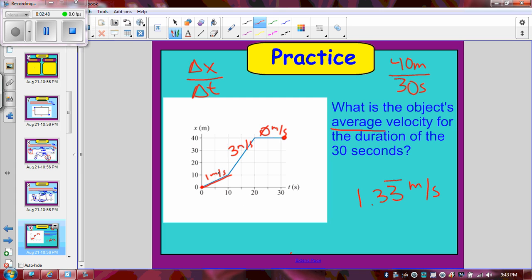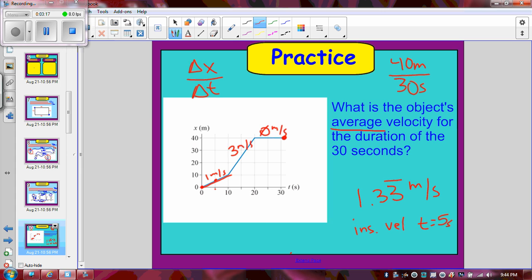Now, these individual velocities right here are what is known as the instantaneous velocity. The instantaneous velocity, and we'll talk about this more in Unit 3, is the velocity at the exact moment of specified time. So for example, if I said, what is the instantaneous velocity at time equals 5 seconds, we would find 5 seconds right here, and we would say, what's the slope at 5 seconds?